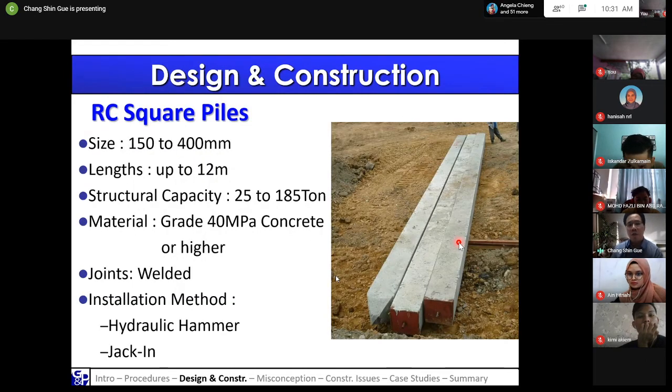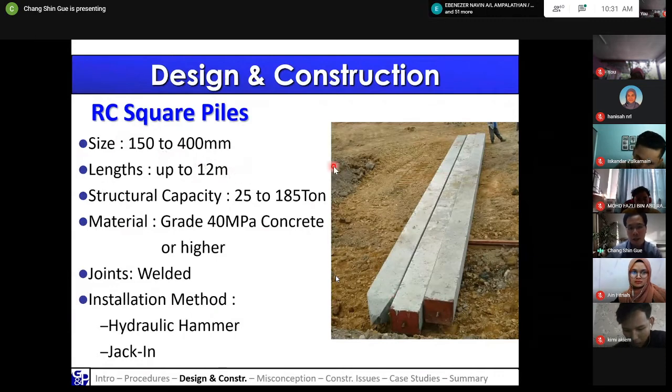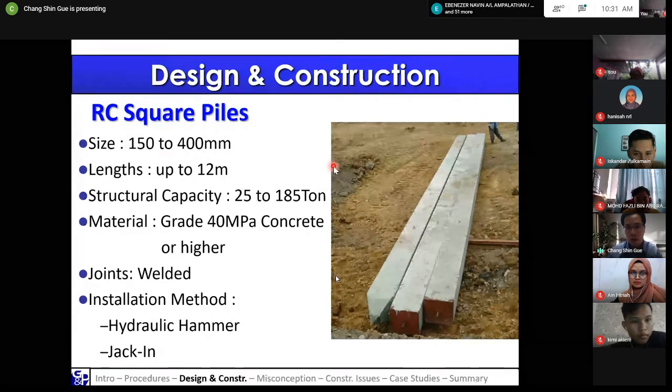Okay, just to introduce the typical piles that we use in Malaysia that you can normally find here. One of the most common is the RC square pile. This is your reinforced concrete. The size is typically 150 by 150 to 400 by 400, and the length can be up to 12 meters per length, and it comes in 3 meter, 6 meter, or 9 meter lengths.